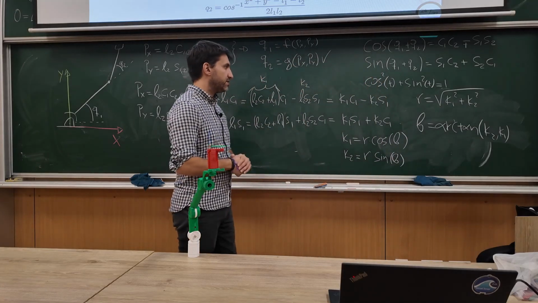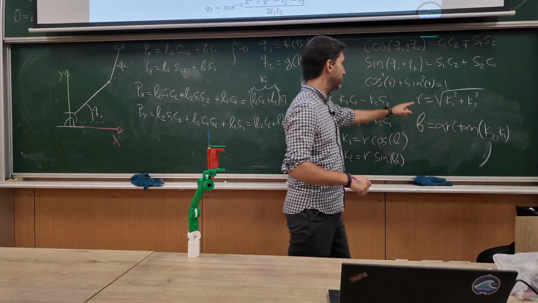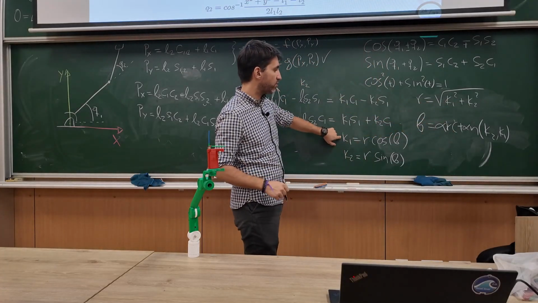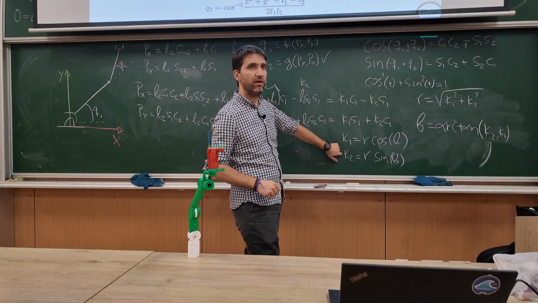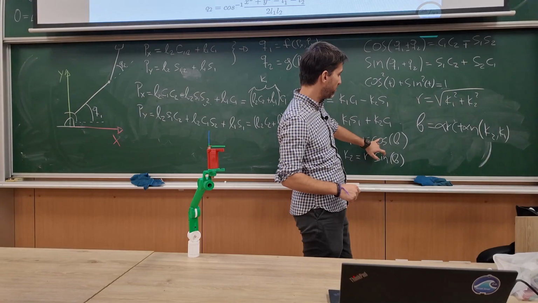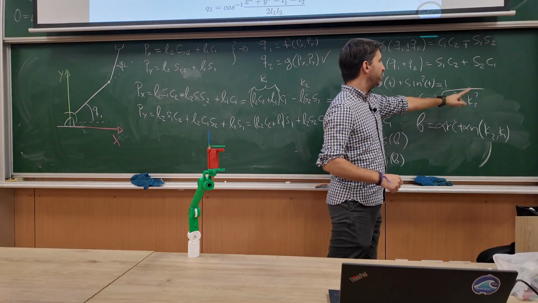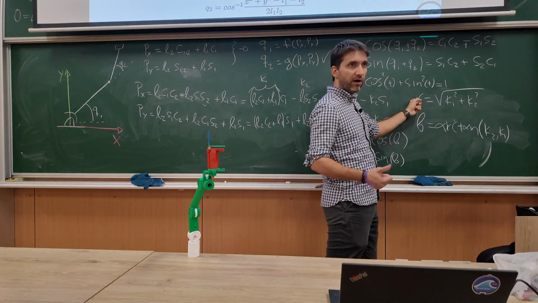Let's see why this makes sense. Basically, if I replace these two here, this will be true, because kappa 1 square plus kappa 2 square will be r square, right? So I will have r square here, square root, is going to be equal to r.